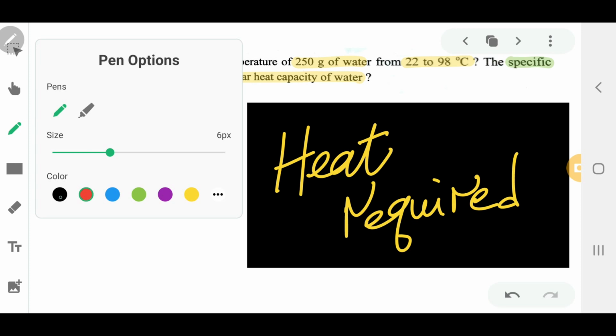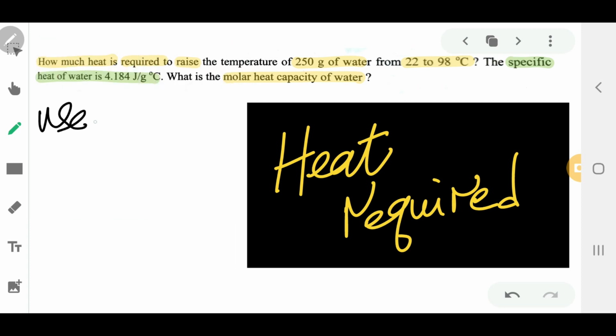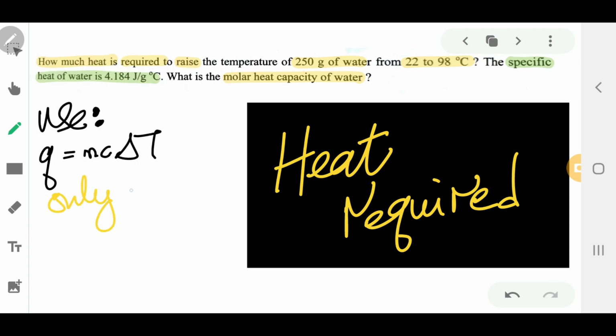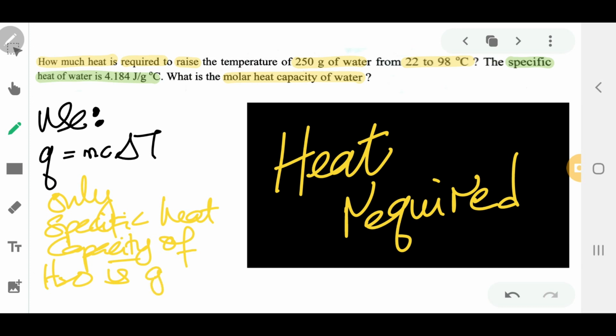So when that is the only information we have, we're going to use Q equals MC delta T. And the reason is because only the specific heat capacity of water is given. Okay, so we only have that piece of information. Therefore, we're going to use this Q absorb formula right there.